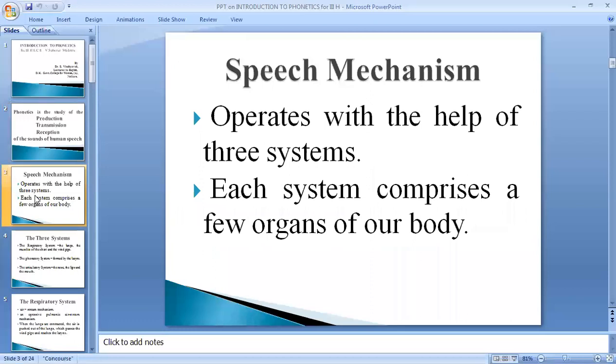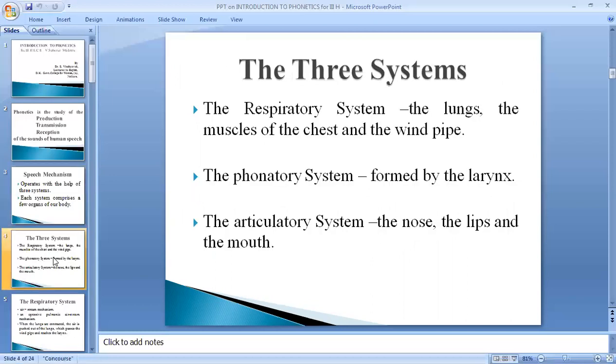What is the speech mechanism? The speech mechanism operates with the help of three systems, and each system comprises a few organs of our body. So what are those three systems? The three systems are the respiratory system, the phonatory system, and the articulatory system. How does the respiratory system function?